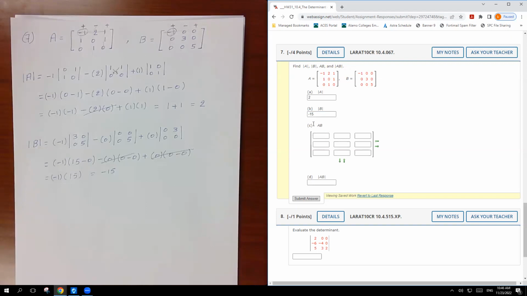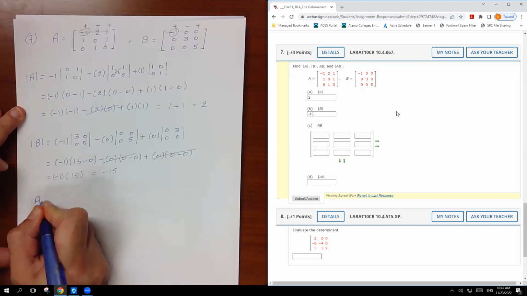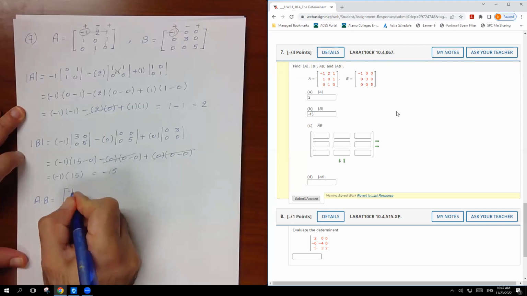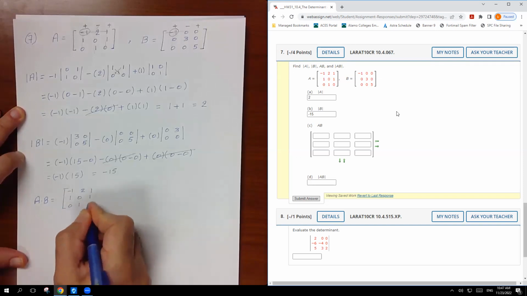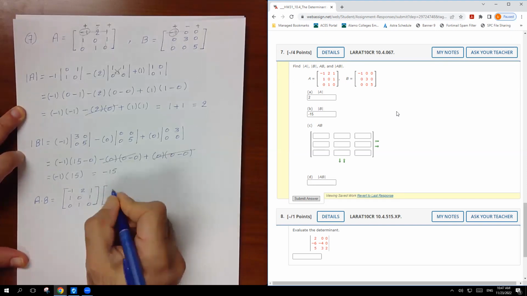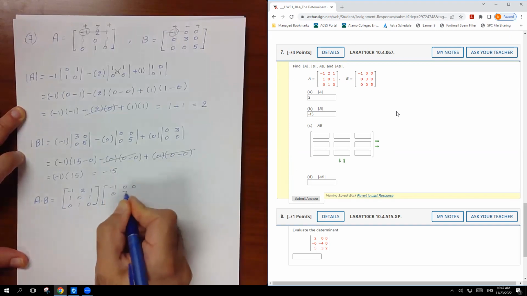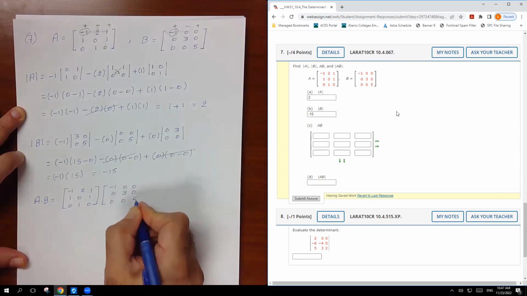Now, next step, we're going to find A times B. Which is equal, the matrix A is -1, 2, 1, 1, 0, 1, 0, 1, 0, times the matrix B, which is -1, 0, 0, 0, 3, and 0, 5.